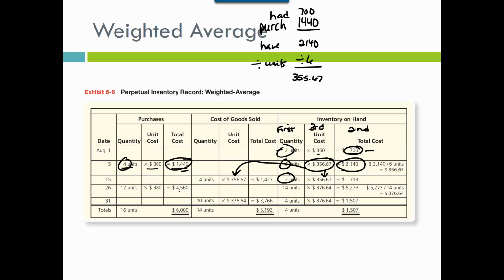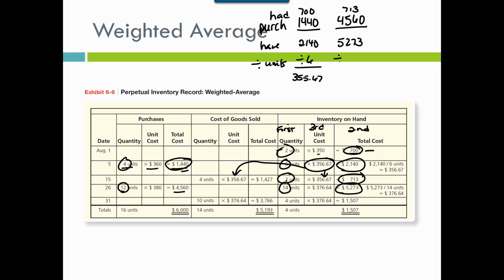Now I need another purchase. So you can see I had $713 worth left. I purchased $45.60. So now the total I have is $52.73. I had 2 units. I bought 12 more, so I have 14.